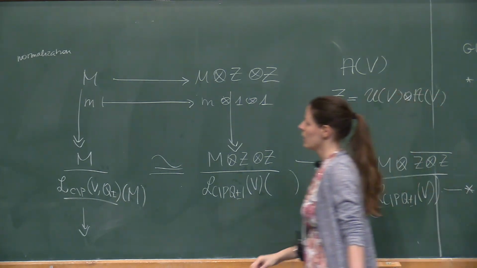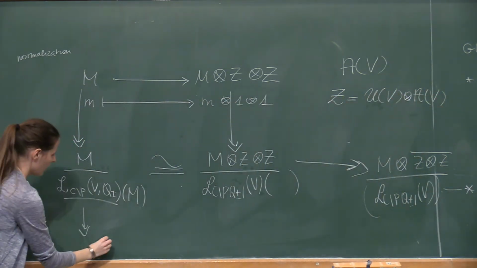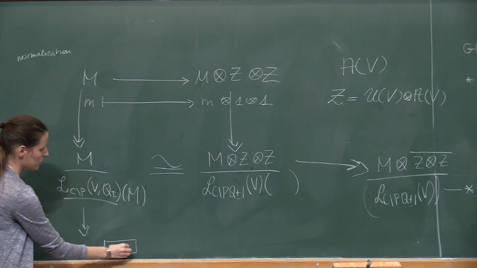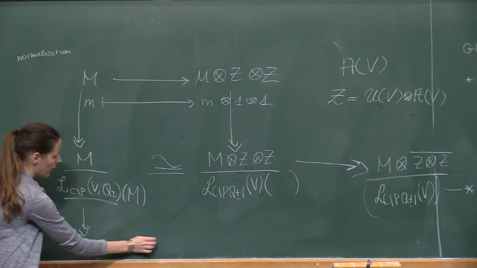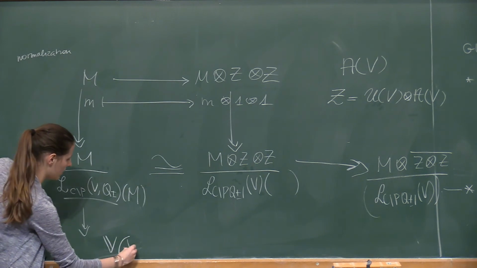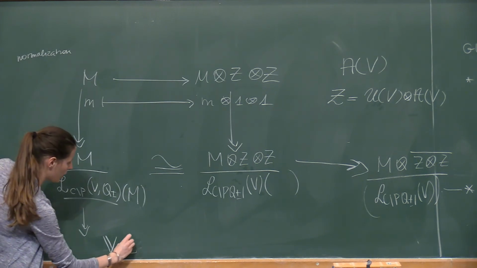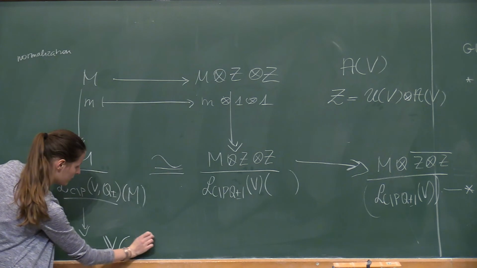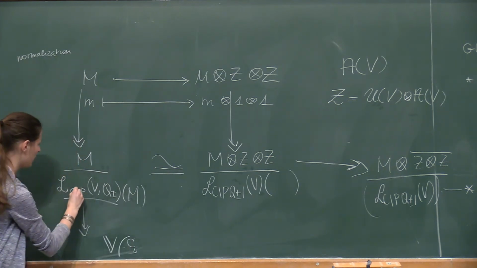And here what you obtain is really V at the smooth curve, at the nodal curve. This is normalization.